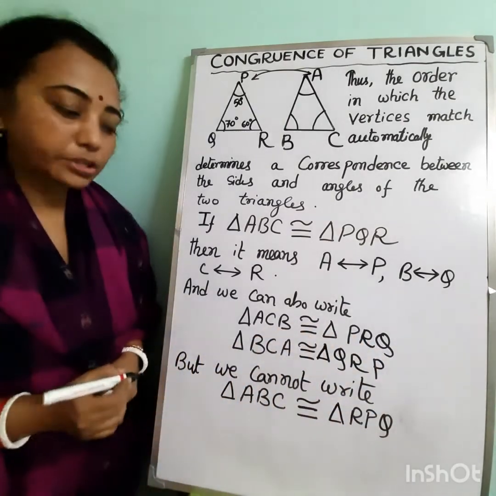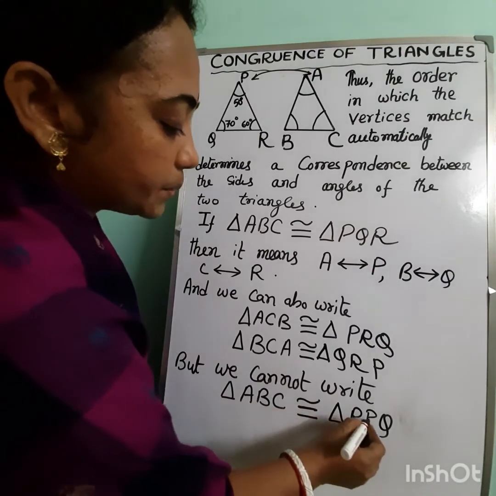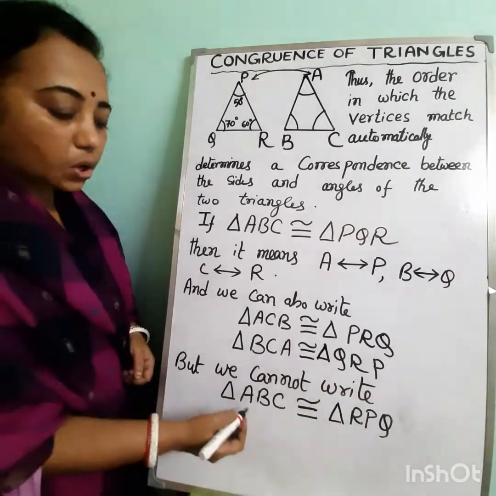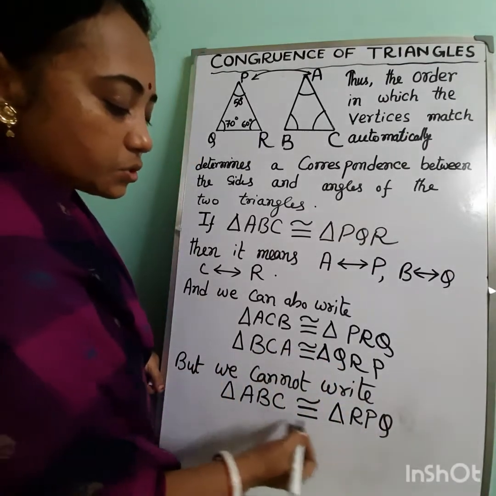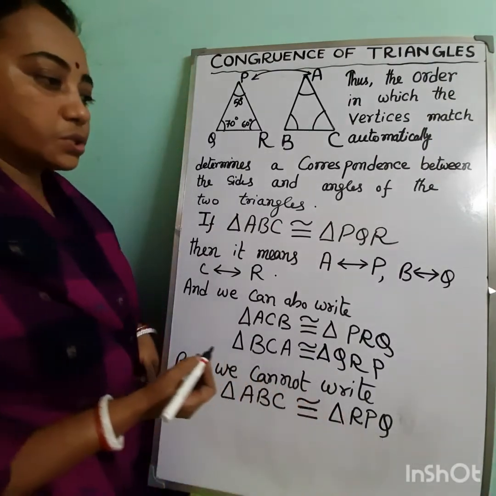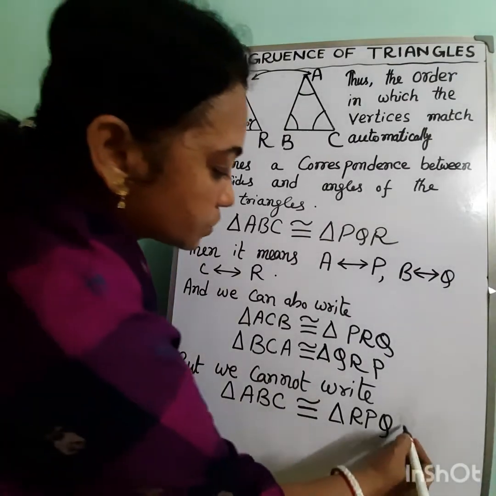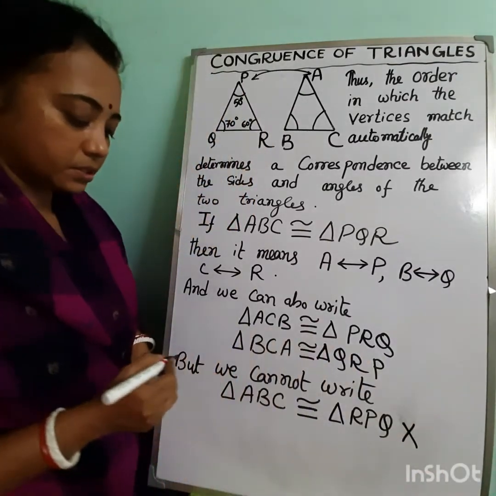But we cannot write triangle ABC congruent to triangle RPQ because A does not correspond to R, B does not correspond to P and C does not correspond to Q. This is the wrong statement.